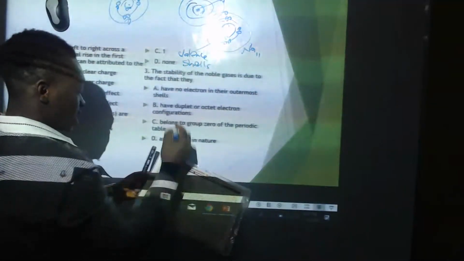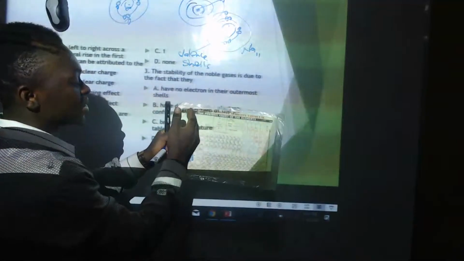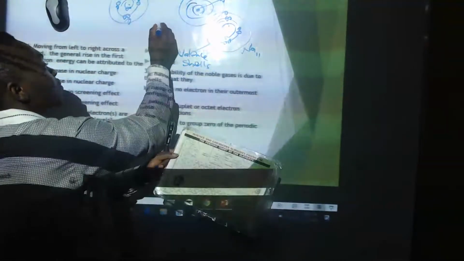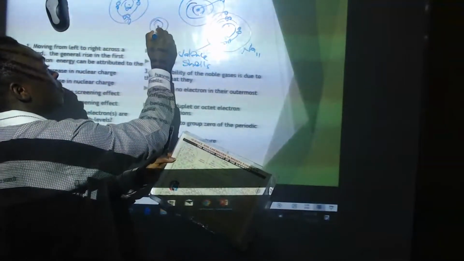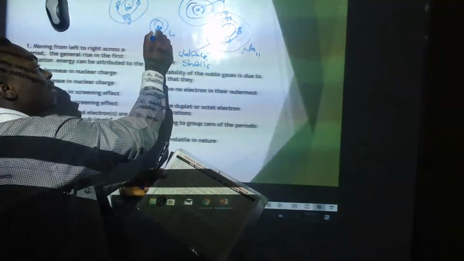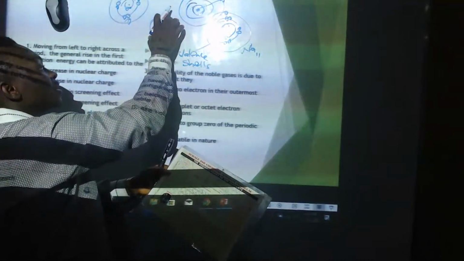Now, I then told you that elements in the same group have the same valence electron numbers. Look at lithium, having just 3: you have 2 and 1. This is lithium. It has just 1 electron at its valence shell.